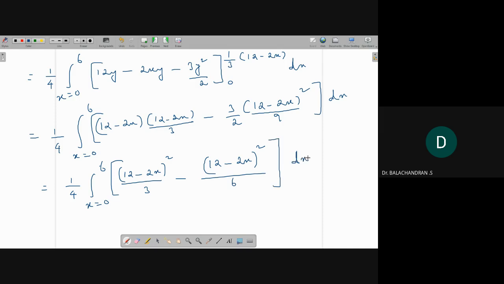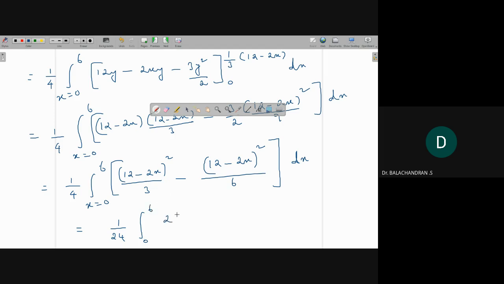into dx. So take 6 as LCM. So if you take 6 as LCM, 1 by 24, 0 to 6, 6 LCM, this is 2 times 12 minus 2x whole square minus 12 minus 2x whole square.